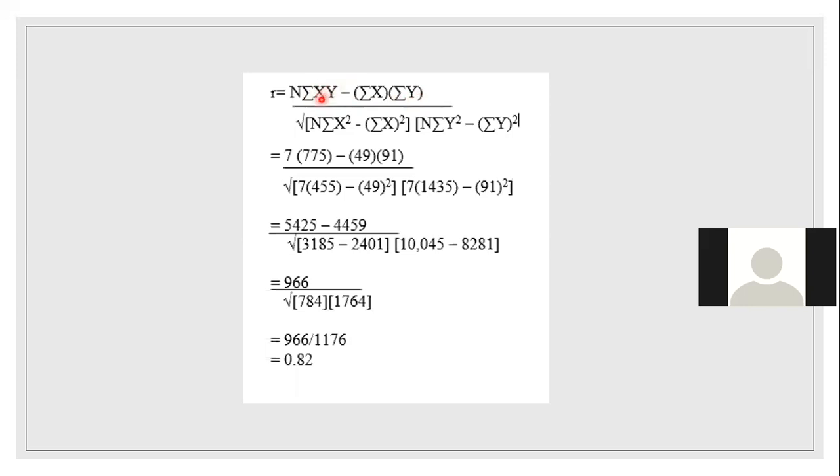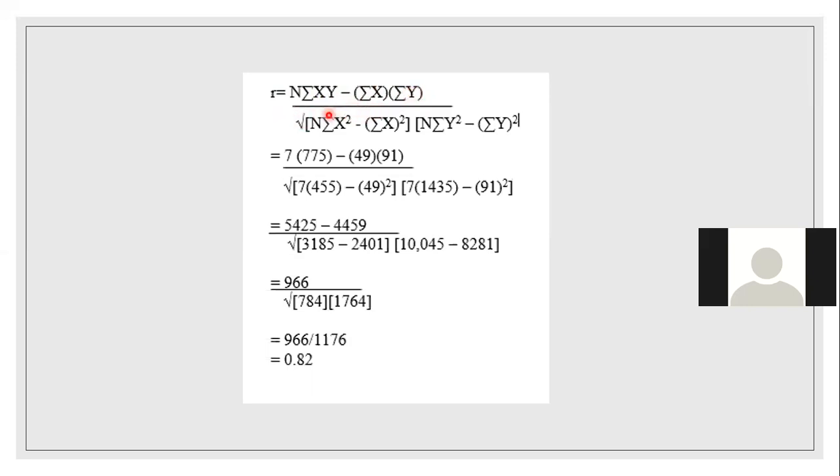The sum of xy is what we get when we multiply x by y, and we total that column. And then we also have to sum the x's, and we have to sum the y's.